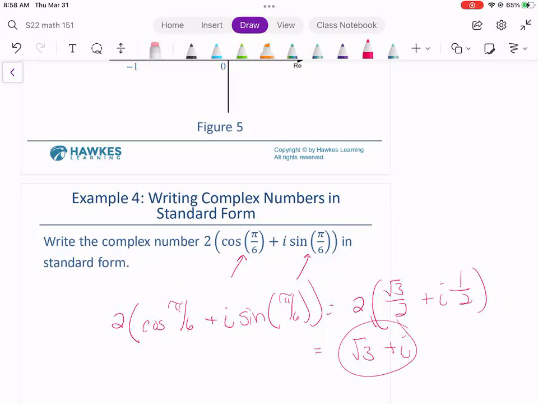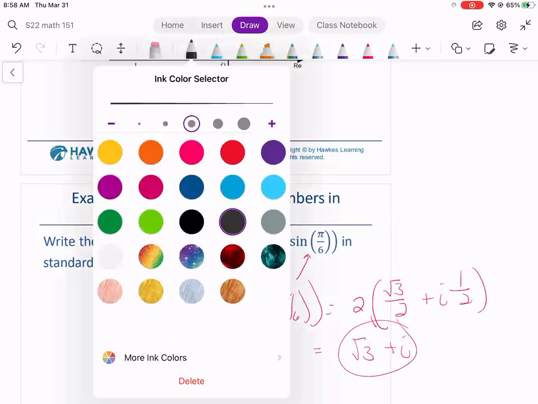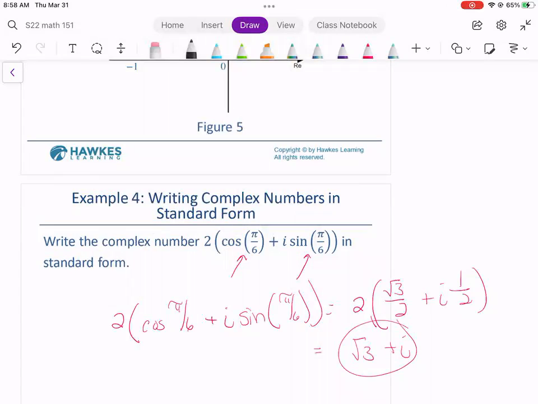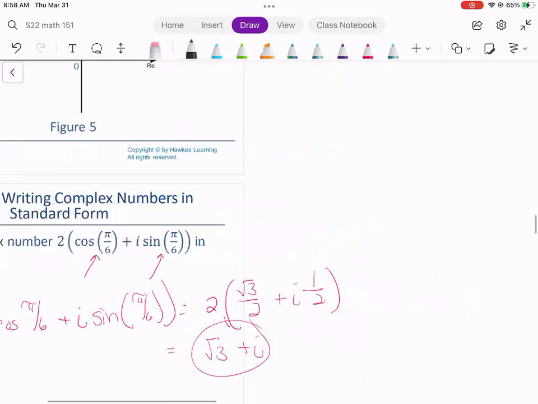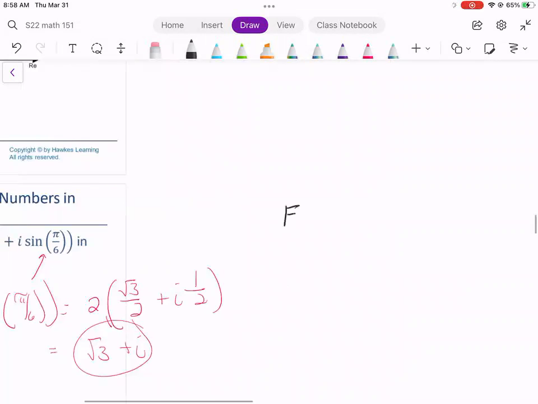It does require some calculus to prove, but there is an identity that we're going to use quite a bit that relates exponential functions with complex numbers as well. It's called Euler's formula, or Euler's formula, depending on how you wish to pronounce it.